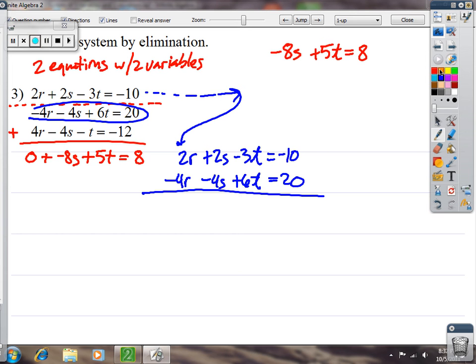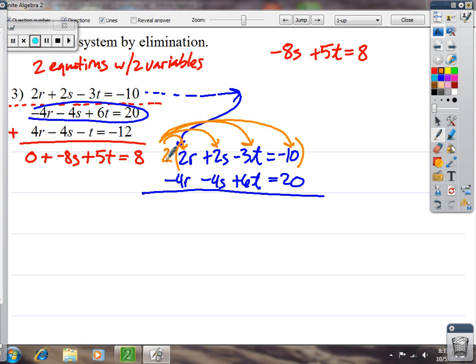So I need to eliminate my R's, and I need to find the least common multiple of 2 and 4. Least common multiple of 2 and 4 is 4. So how am I going to change 2 R's into 4 R's? If I times them by 2. And if I times them by 2, I need to times each term by 2.